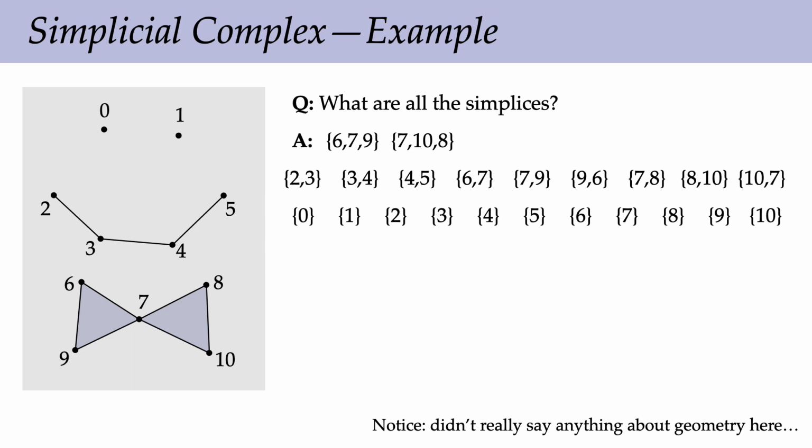We didn't give coordinates for these points, and we didn't give any other information like lengths or areas or angles, right? We just said something about how points are connected up. And so this kind of tells us that fundamentally, a simplicial complex really can be described in terms of its connectivity. That leads to the idea of an abstract simplicial complex.